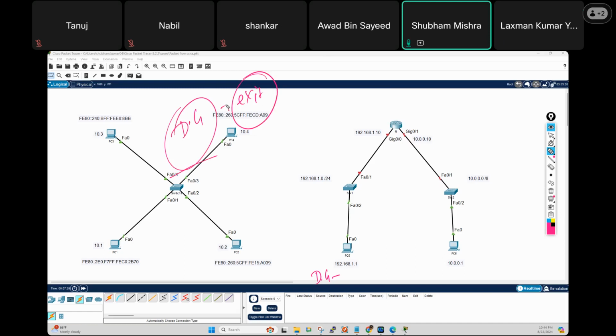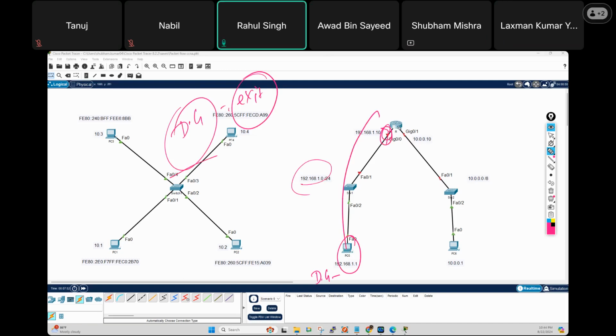Yes or no, everyone? It means if PC number 5 wants to exit from the 192.168.1.0 network, then what is the exit point? Guys, this is the 192.168.1.10 point. So that is the default gateway for PC number 5. Clear? I hope you guys understand.